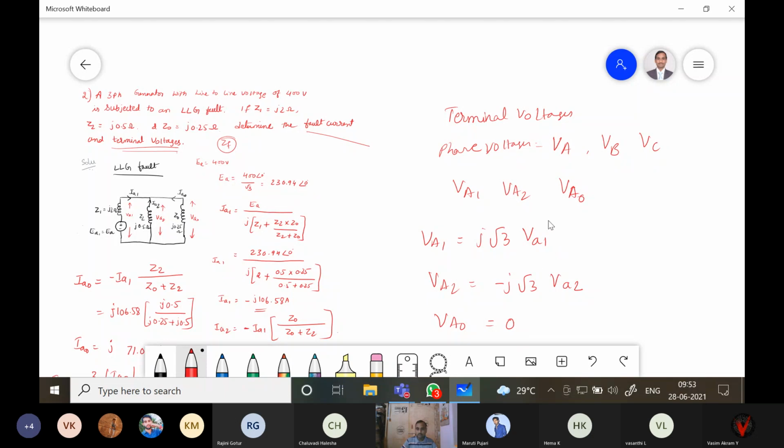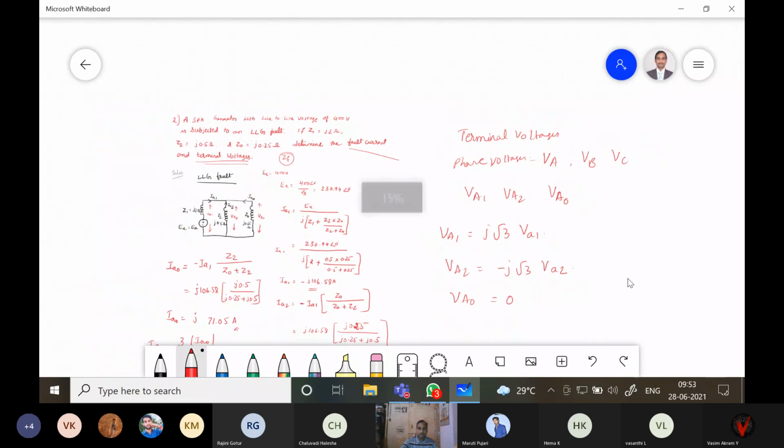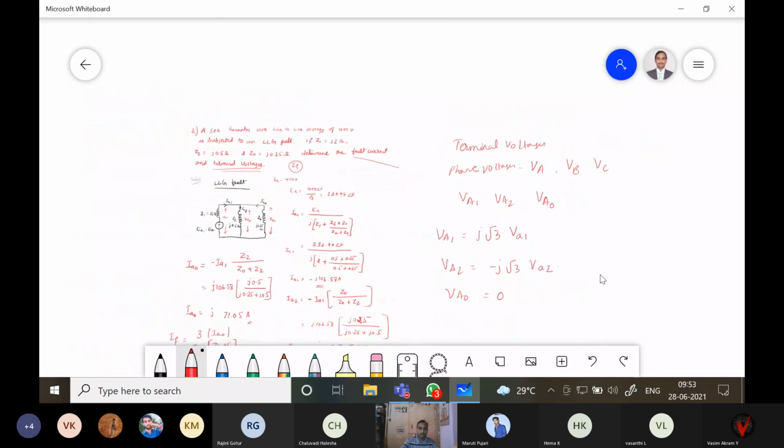We require small va1, small va2 and small va0. So how to find them here?